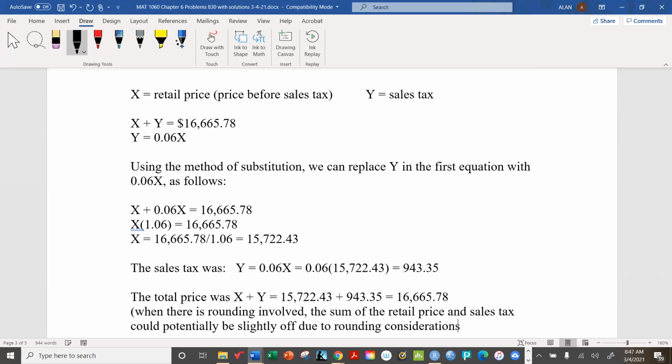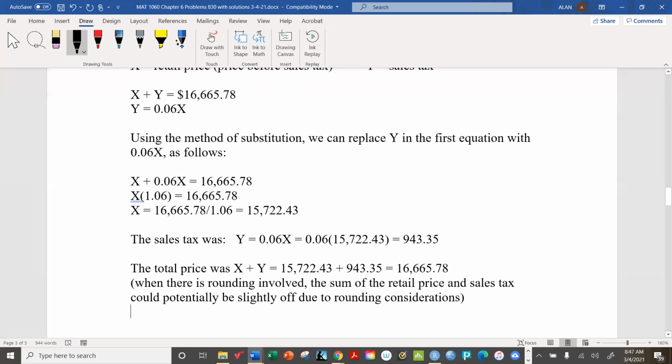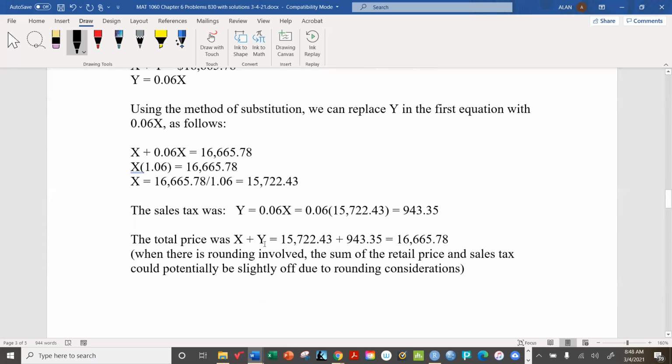It didn't happen here, but it's possible for this to happen. So when you get involved with rounding, sometimes you might find trivial inconsistencies because of the rounding. So just be aware of that. If you got 16,665.79 or 77, you can be sure that that has something to do with rounding. You can see it's necessary because this is dollars and cents.